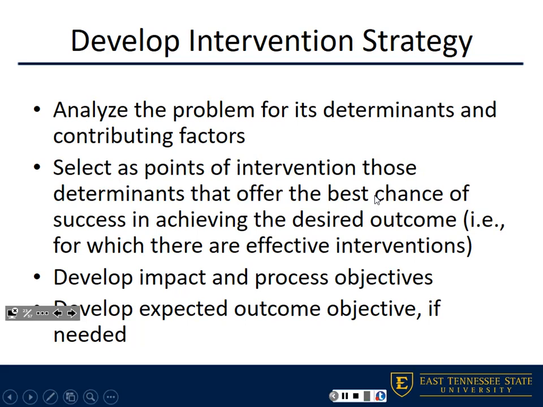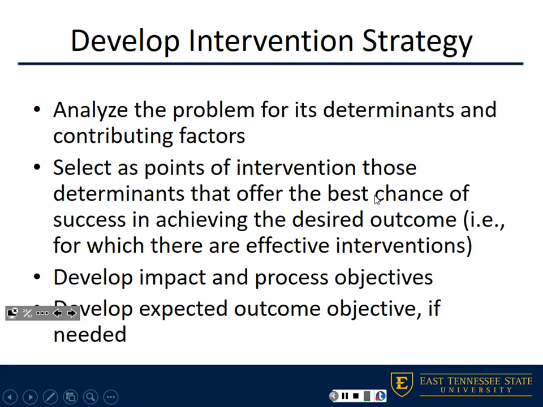So if age is a major determinant, we're really not going to select to intervene with age, because age is a non-modifiable determinant. Okay, so we're going to again select those determinants that are modifiable and preferably that have evidence-based interventions that have been tried and tested in the field.